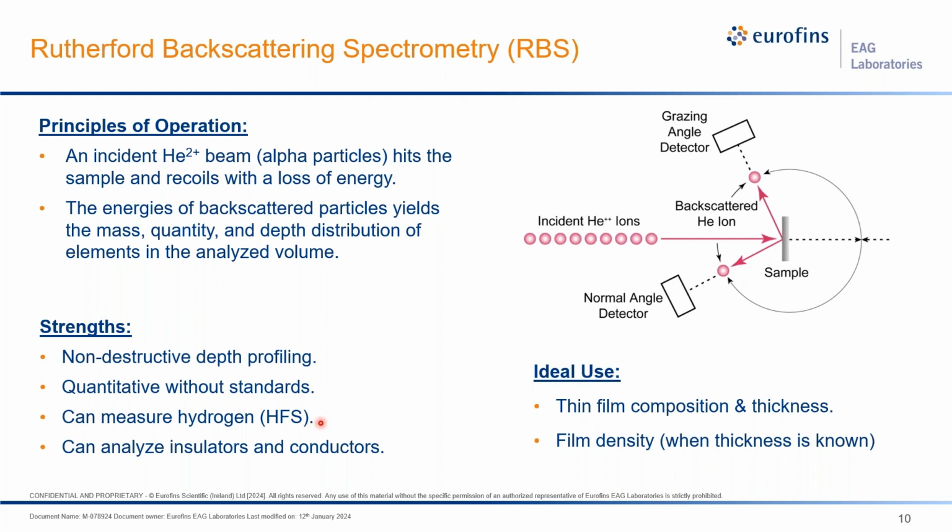Hydrogen can be a difficult element to measure by many techniques, but RBS is quite good in a hydrogen forward scattering experiment. It can give a nice accurate measure of hydrogen content, and RBS can analyze insulating samples as well as conductors.